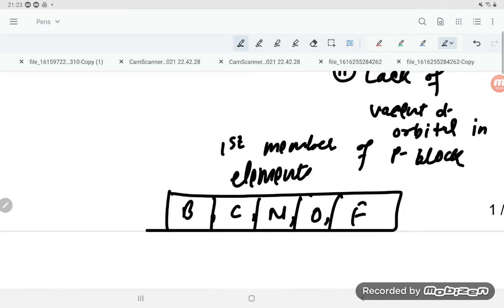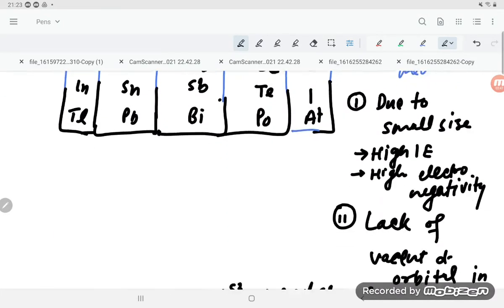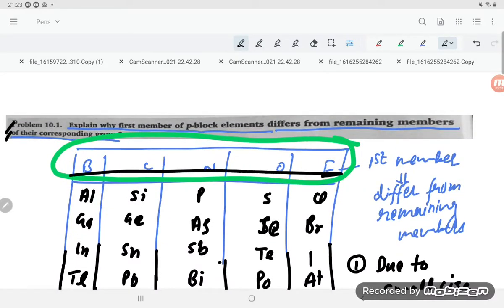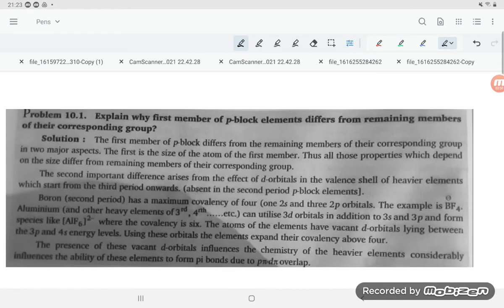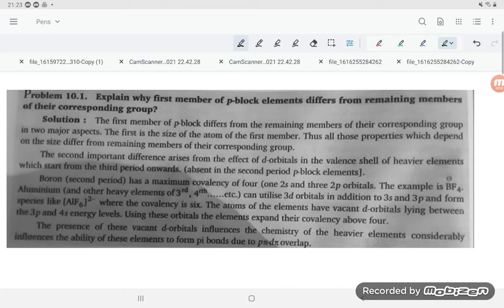So dear students, because of this reason, the properties of boron, carbon, nitrogen, oxygen, fluorine are different. Let us have a look at what is written in the slides. The first member of the P block differs from the remaining members of their corresponding groups in two major aspects. The first is the size of the atom of the first member.